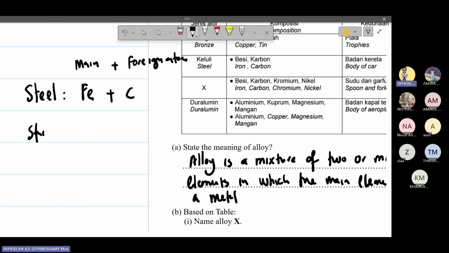One more, remember stainless steel. Very simple. You take everything, put here, then add just 2. What are they? Cr plus Ni, chromium and nickel. That is stainless steel. Understand?